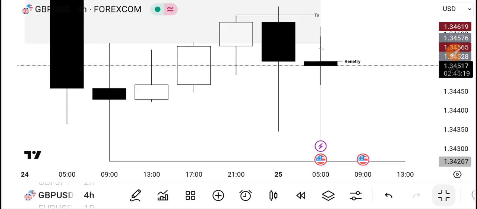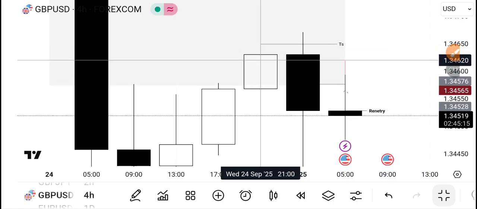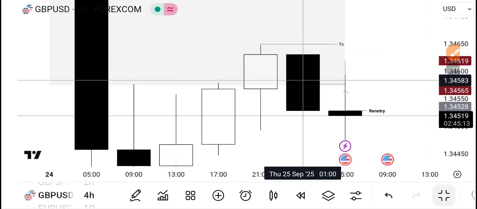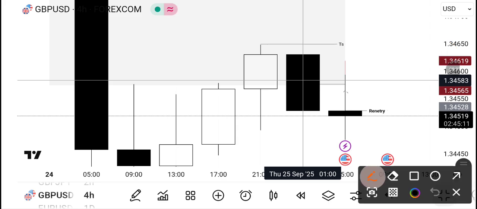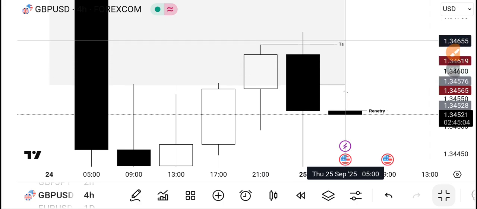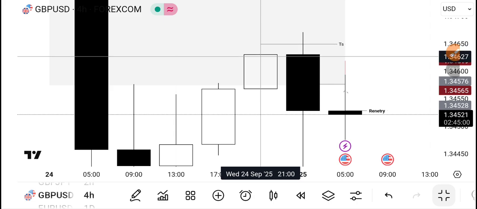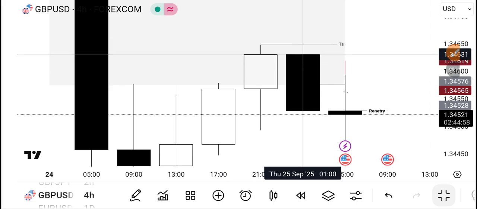So I got the close below of the 1 a.m. candle. Look at it, 1 a.m. Look at it here, 1 a.m. closed inside, not outside. Your price only wicked the 9 p.m. high, but didn't close above.